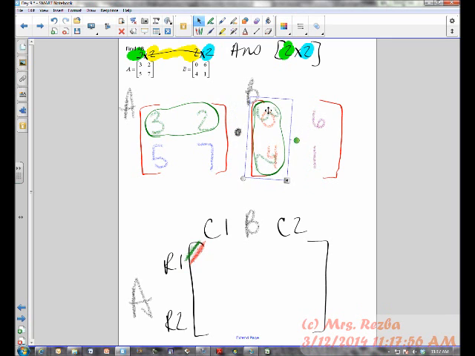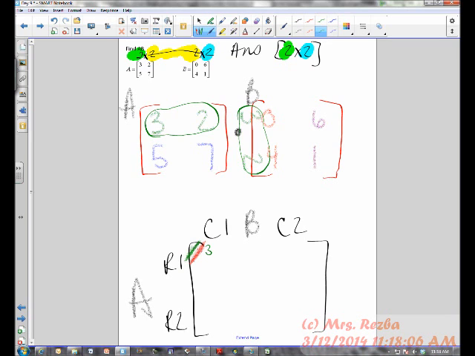And I'm going to turn him upside down when he goes to visit. Everybody with me so far? So what happened is I just had my 3 go multiply the 0 plus my 2 go multiply the 4. Well, 3 times 0 plus 2 times 4 gives me an answer of 8. So that's going to be my first spot.